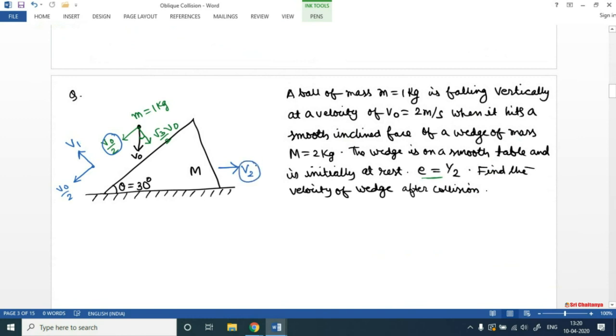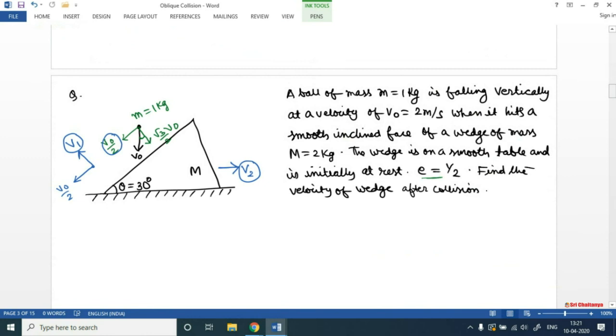In this question, we have two unknowns, v1 and v2. So we are required to write two equations involving v1 and v2. How are we going to write that? The first equation is for conservation of linear momentum on this system.